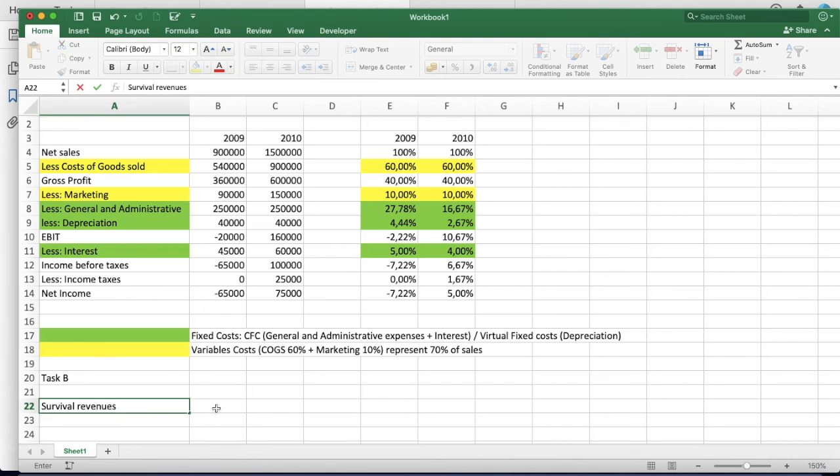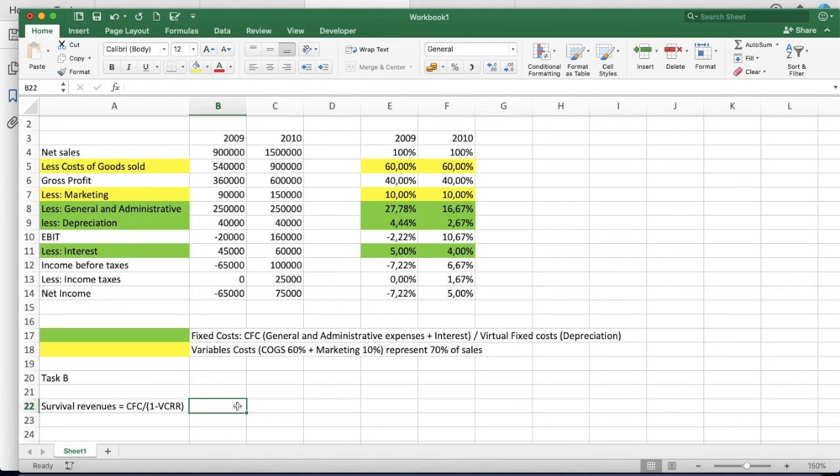So survival revenues is equal to the cash fixed costs divided by 1 minus the variable cost revenues ratio, which is 70%.